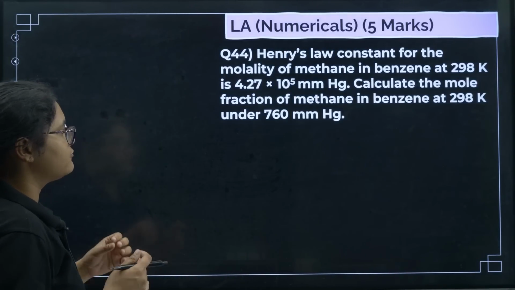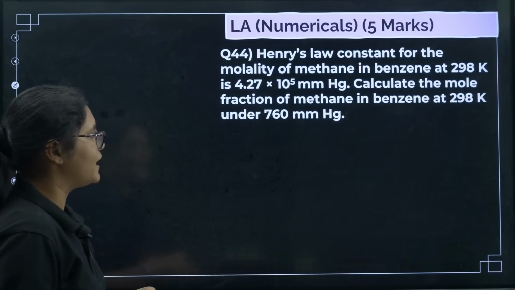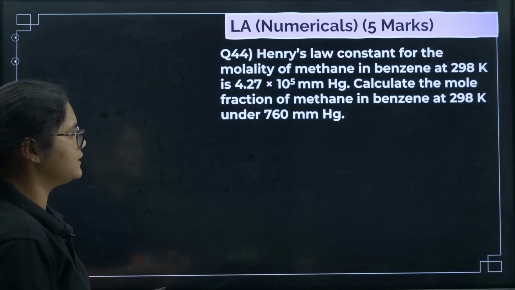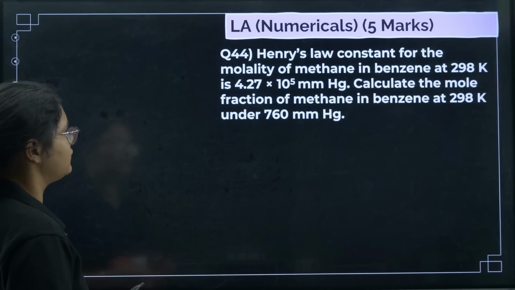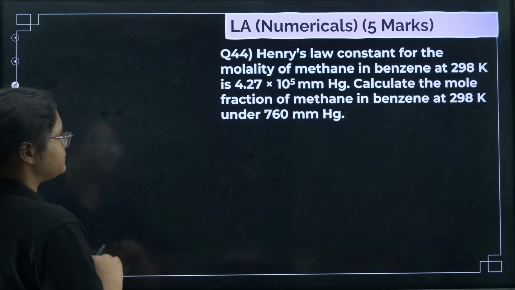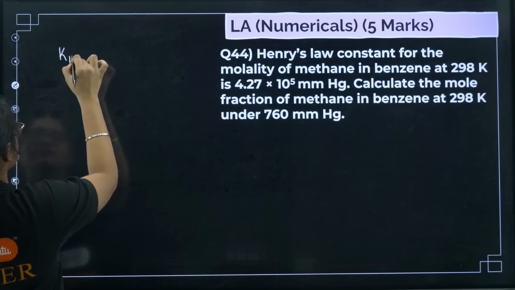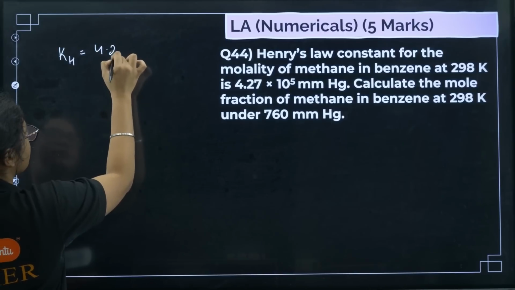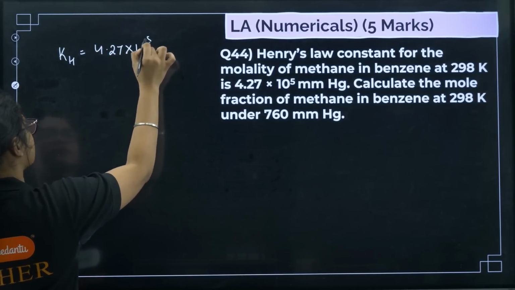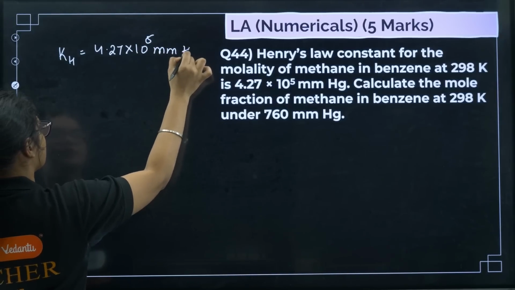Next, we'll go to question number 44. Henry's law constant for the molality of methane in benzene at 298 Kelvin is given to you. Henry's law constant is 4.27 into 10 to the power of 5 mmHg.